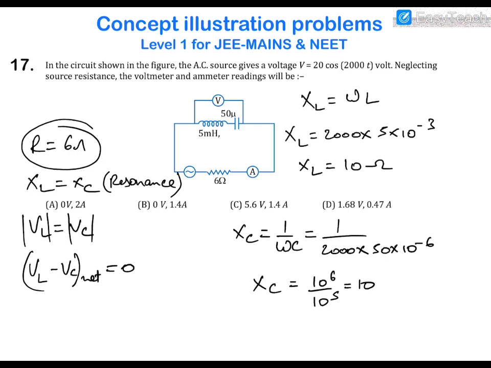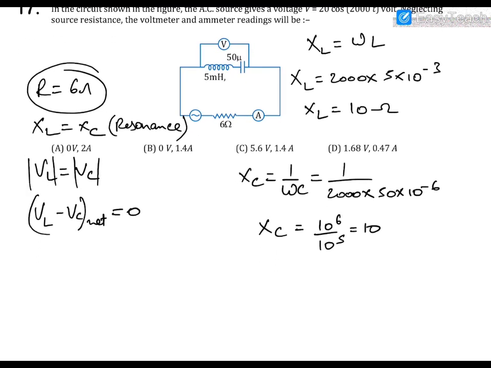and the reading of the ammeter, the circuit will behave like a pure resistive circuit. Z will be equal to R. Okay, and R is 6.